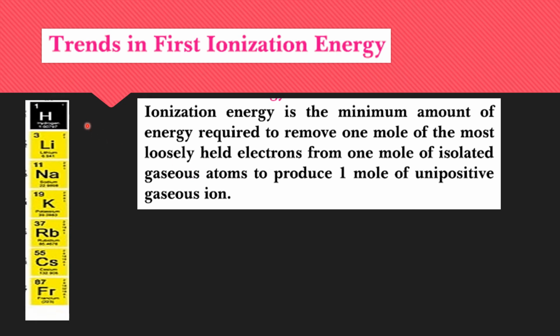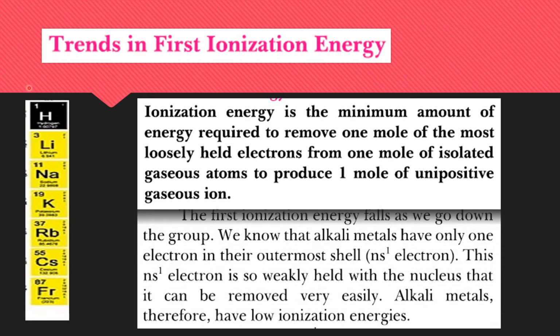You can see that when we move from lithium towards francium, the number of shells is increasing. As we go down the group, alkali metals have only one electron in their valence shell. Lithium has one electron, sodium has one electron in the valence shell. In the same way potassium, rubidium, cesium, all these alkali metals have only one electron in their valence shell, and this electron is obviously weakly held by the nucleus.